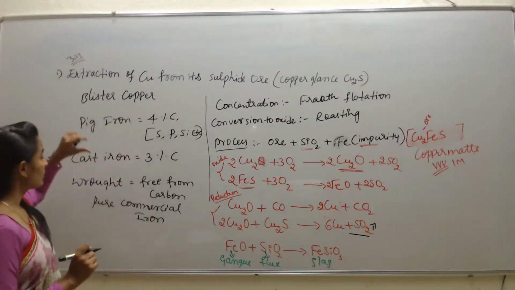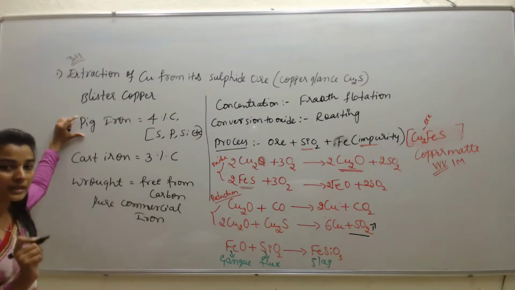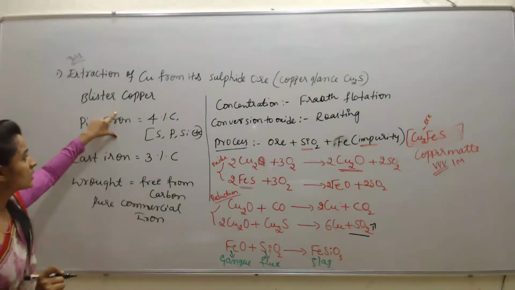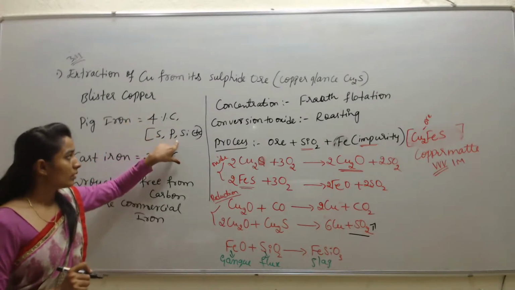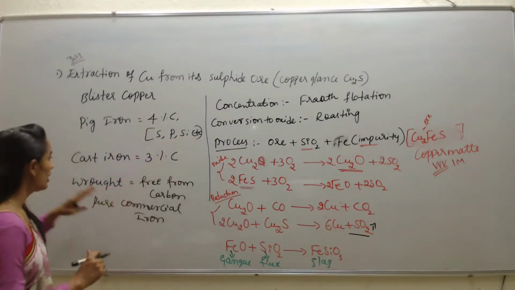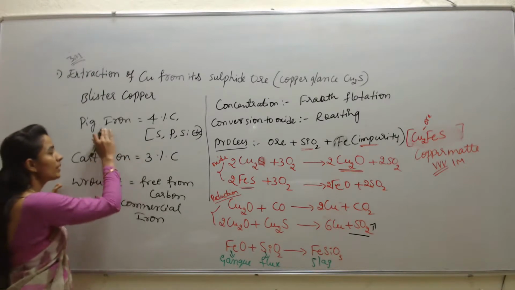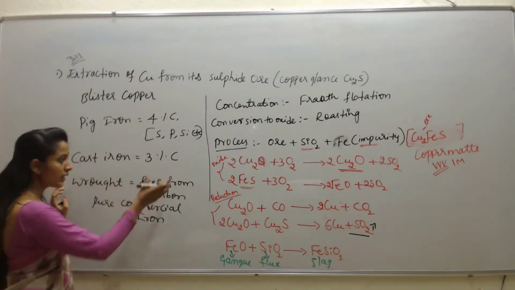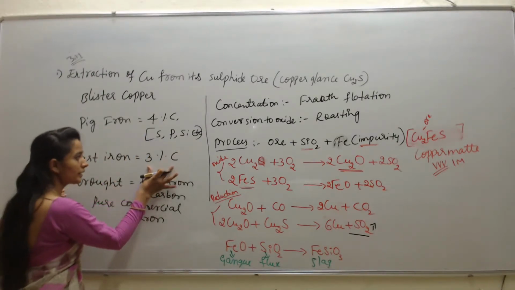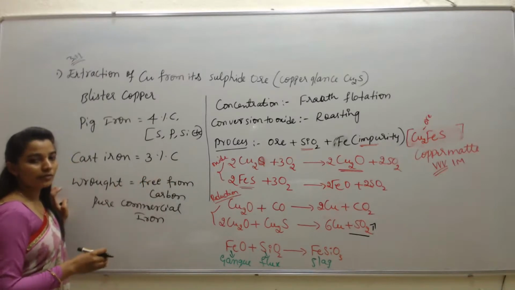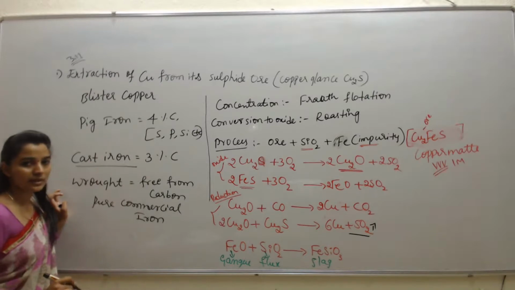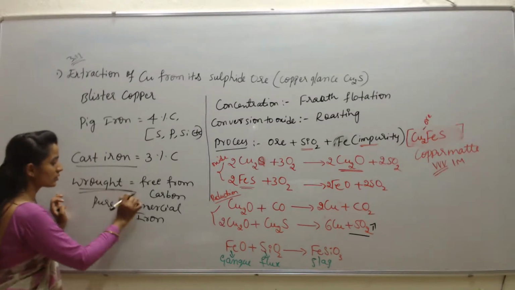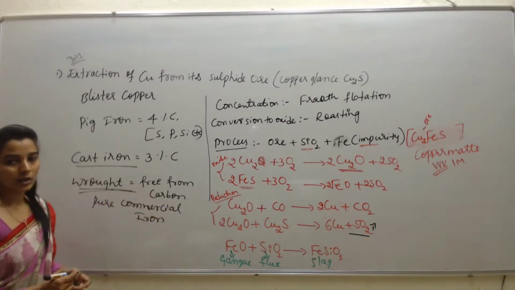So why the iron extracted from the blast furnace is called pig iron? Because it consists of 4% of carbon and remaining impurities. Okay. Next, cast iron means the pig iron is subjected to refining where the impurities are removed and it consists of less amount of carbon compared to pig iron, that is 3%. That's why it is called cast iron. The last one is wrought iron, which is free from carbon.